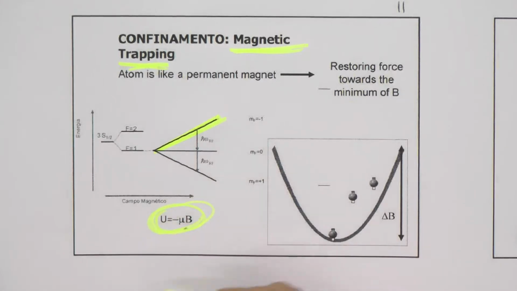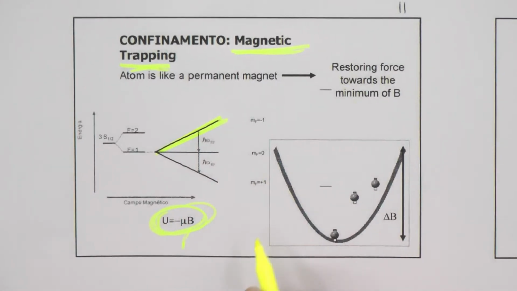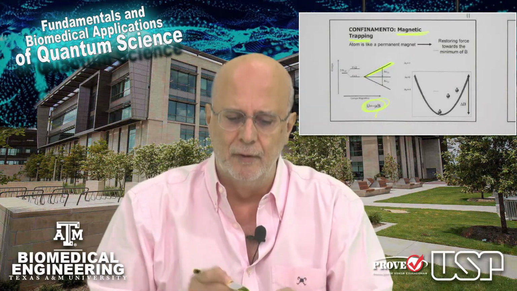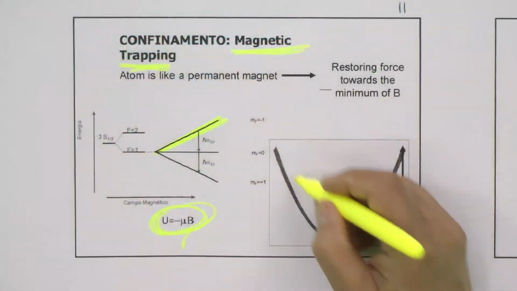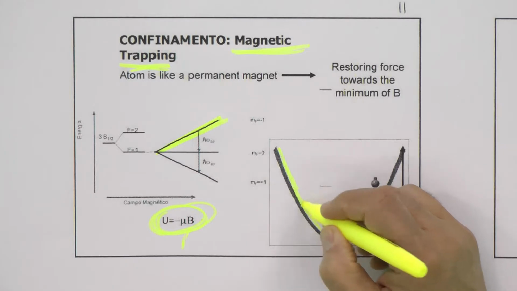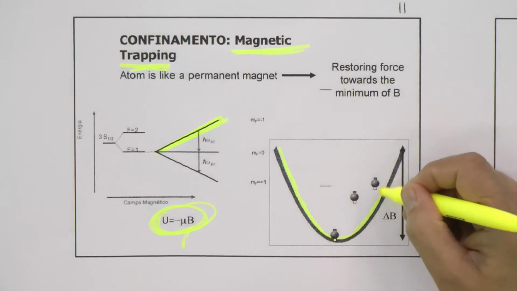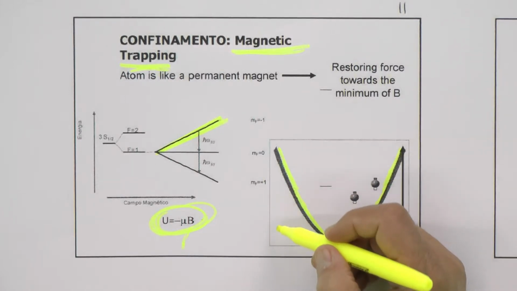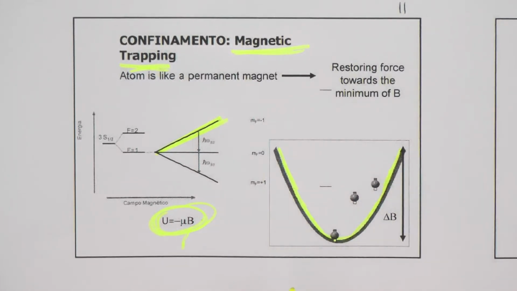Remember I explained this to you when we explained nuclear magnetic resonance. Therefore, if I make in space a kind of magnetic field, I confine the atoms. So I produce a kind of parabolic field. And this parabolic field allows my atoms to be confined at a very low temperature.